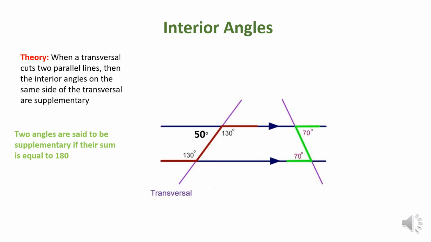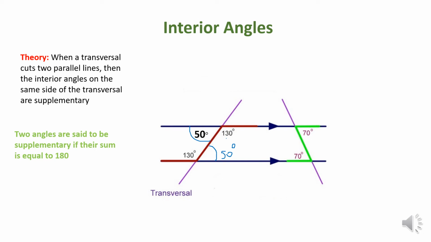Good? So if I have to find this angle here, there are quite a few things I can do to get that answer. Number one, I can say that this angle here is equal to 50 degrees. And one of my justifications for that is alternate angles, because I know that this angle here is alternate to this angle here.